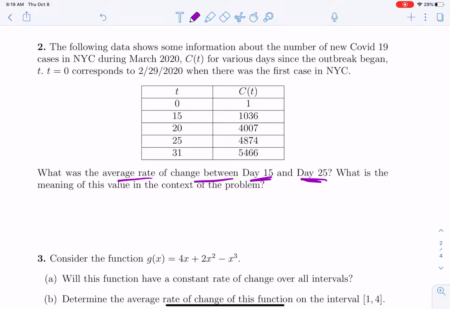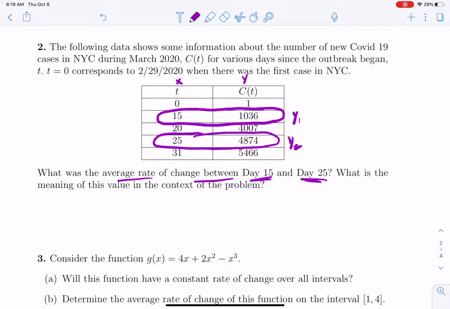What I'm interested in on this table is this data point and this data point. If we think about this in terms of slope, that's our y value, that's our x value. So let's say y1, y2, and x1, x2.